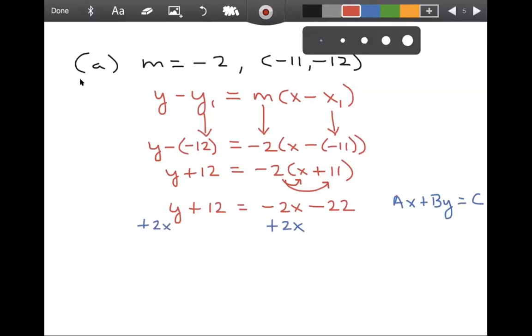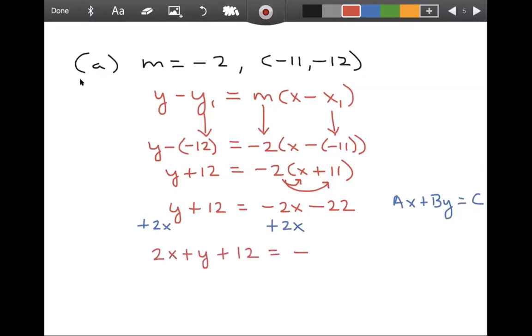That's going to give me 2x plus y plus 12 equals -22. And now I'll just subtract 12 on both sides. And that gives me my final answer, which is 2x plus y equals -34.